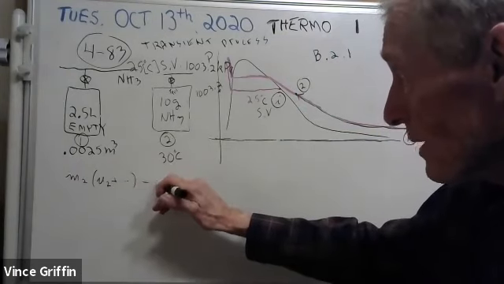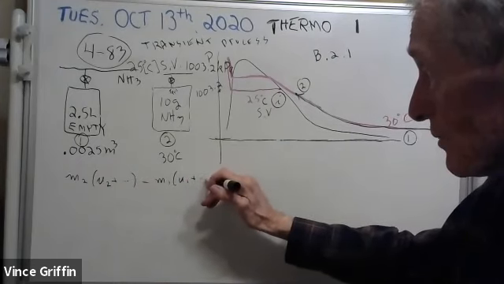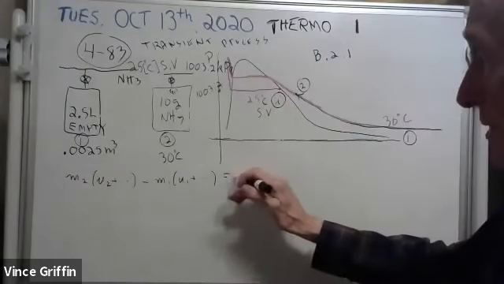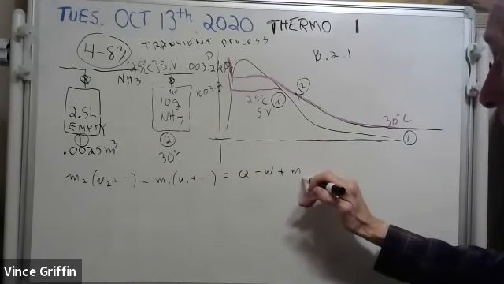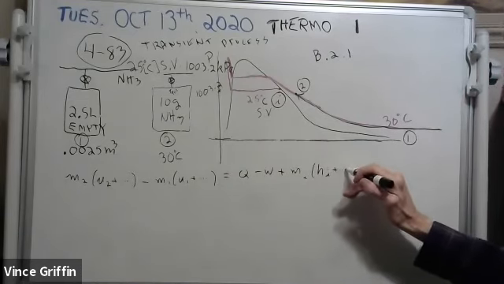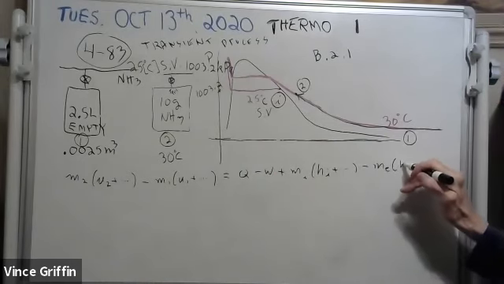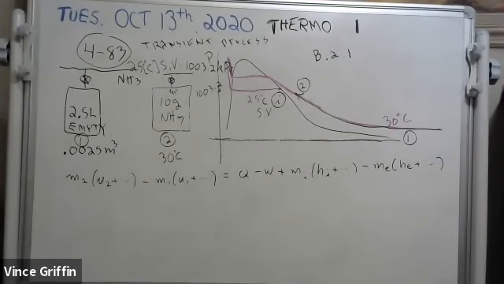Minus M1 U1, and again we can neglect the kinetic and potential terms. And then we have Q minus W plus an incoming mass term, again with kinetic and potential terms that you can neglect. It's the first law of thermodynamics for transient processes.